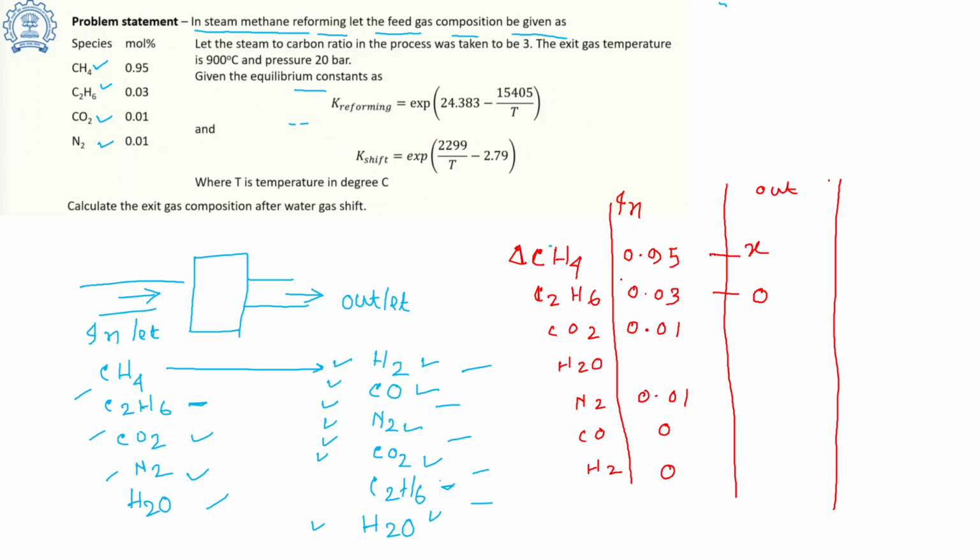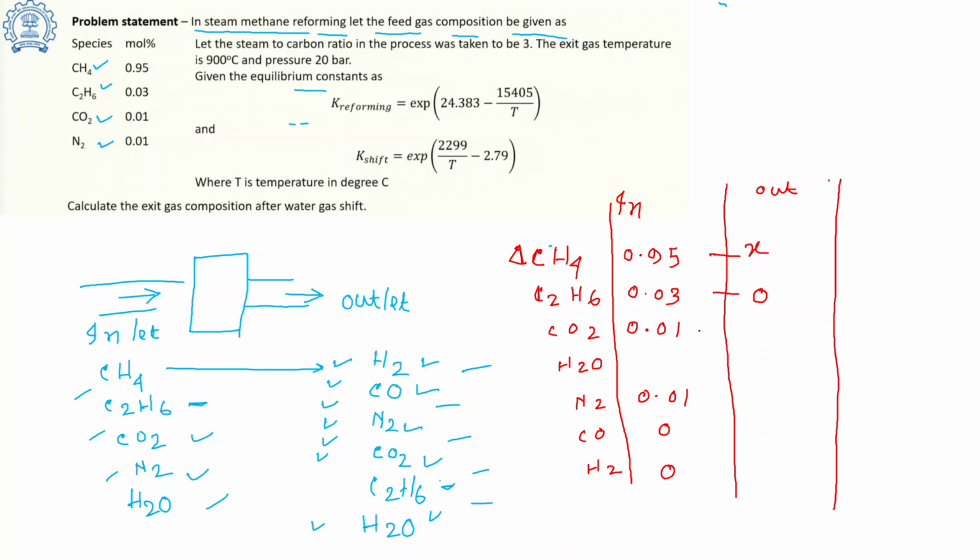In that pre-reforming process, all the higher hydrocarbon is converted to methane. Then the methane is used in the SMR, then hydrogen will be produced. That's why we assume all the higher hydrocarbon is converted into methane, so the higher hydrocarbon out is zero. It means in the output there is no ethane. Okay.